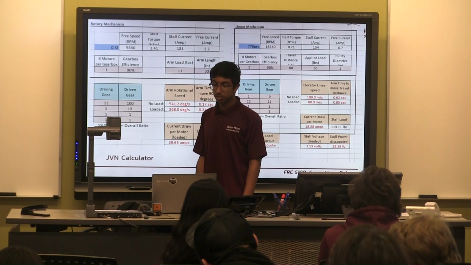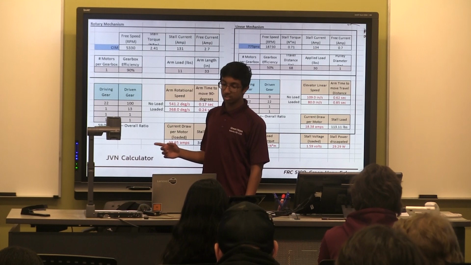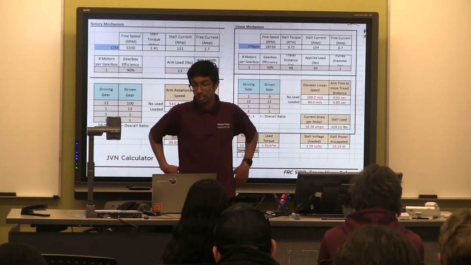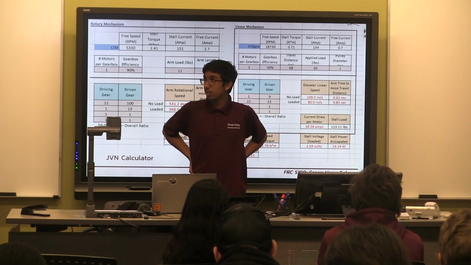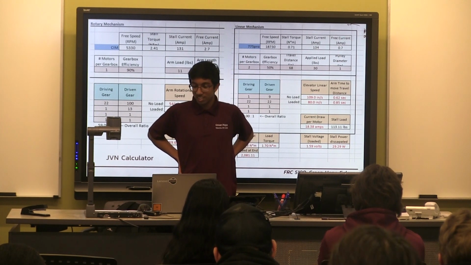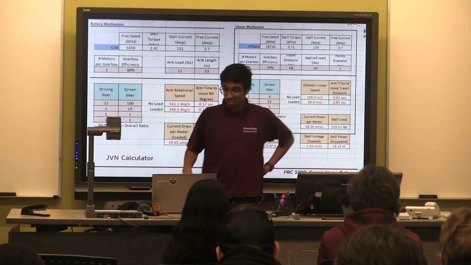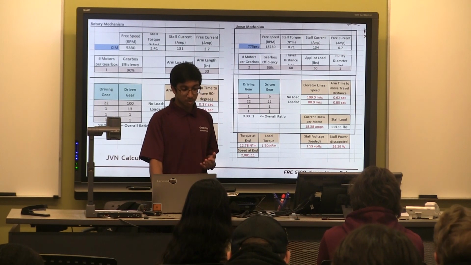But in 2018, JVN told us that if we ran our elevator on a 10-to-1 reduction, it would go up in 0.8 seconds, which did not work at all. The motors burned out, so we had to tone it down to a 20-to-1 reduction. So keep that in mind when you're using JVN, but it's always a good starting point for your resources during prototyping.